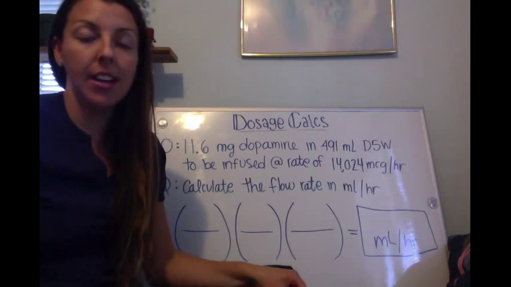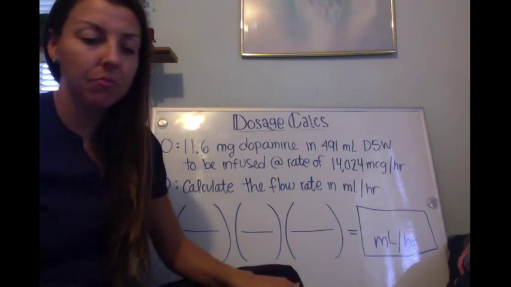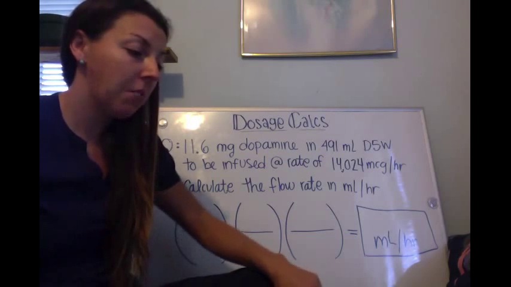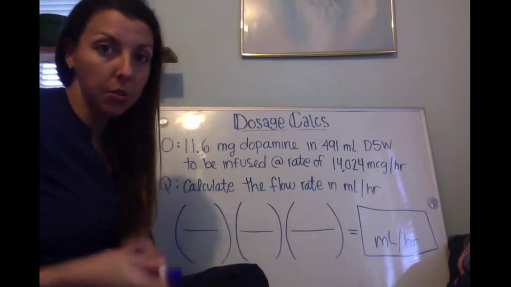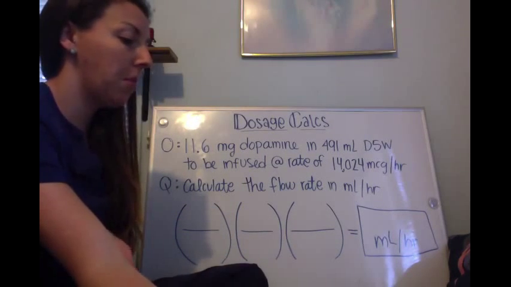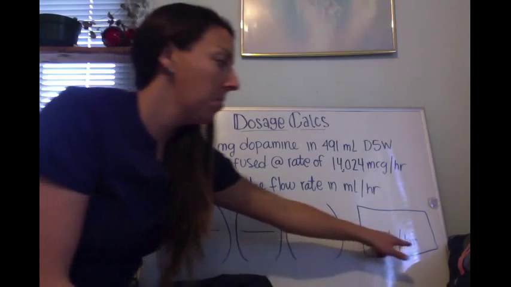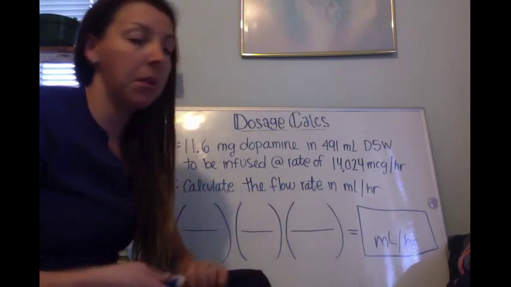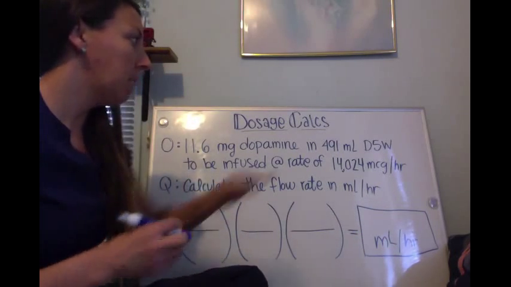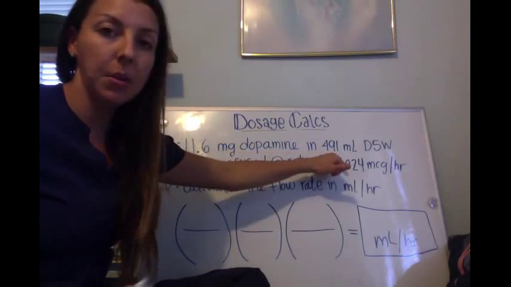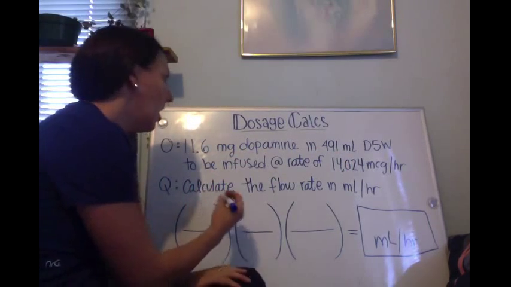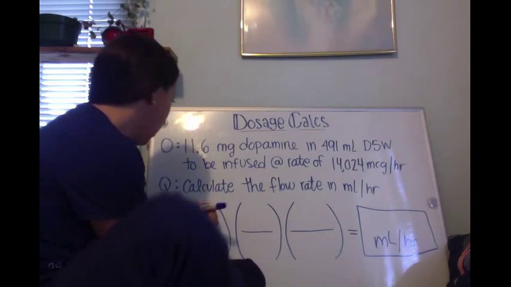Calculate the flow rate in milliliters per hour. So, once again, what we're going to start with is what we want to end with. So we know that we want to know how many milliliters per hour. So we're going to start with the milliliter portion. Up here, we know that we have 491 milliliters of D5W.